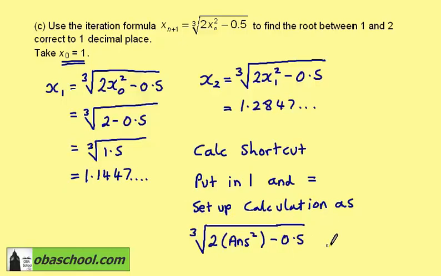What then happens when you press equals is that it does the calculation using ANS equal to 1, therefore giving us the value of x1. The next time we press equals, it uses the answer to x1, the 1.1447 and so on, in the position of answer in the formula, so it produces x2. So all we then need to do is keep on hitting the equals button to get the next x.